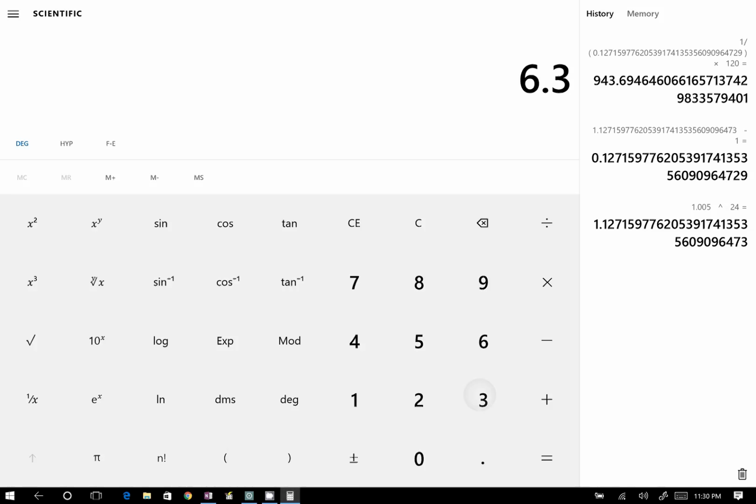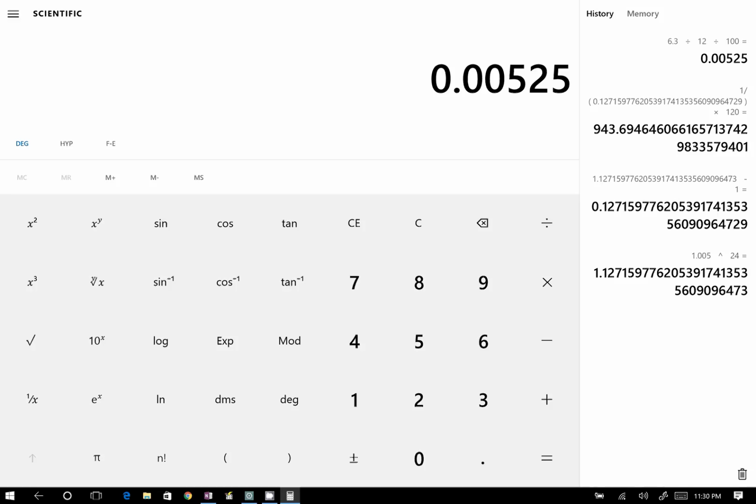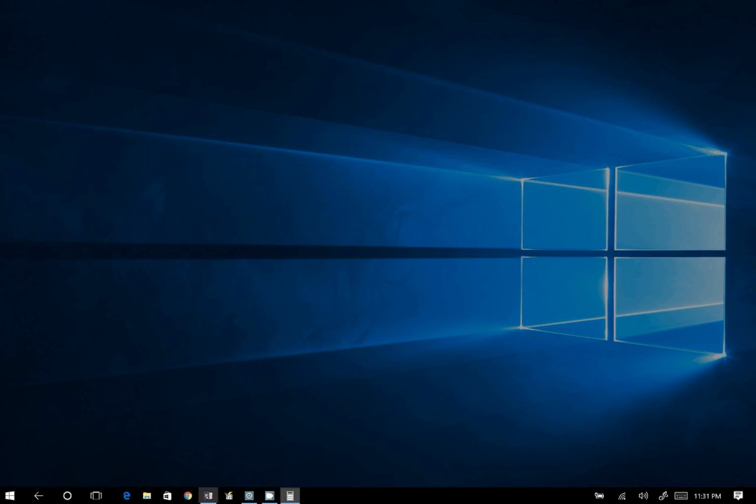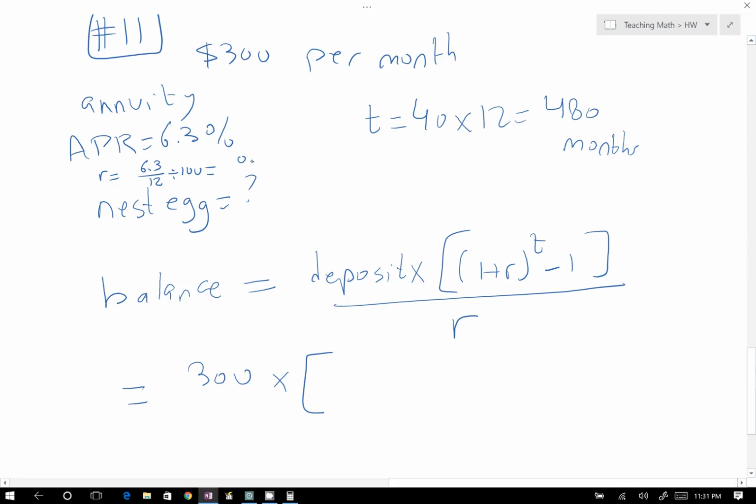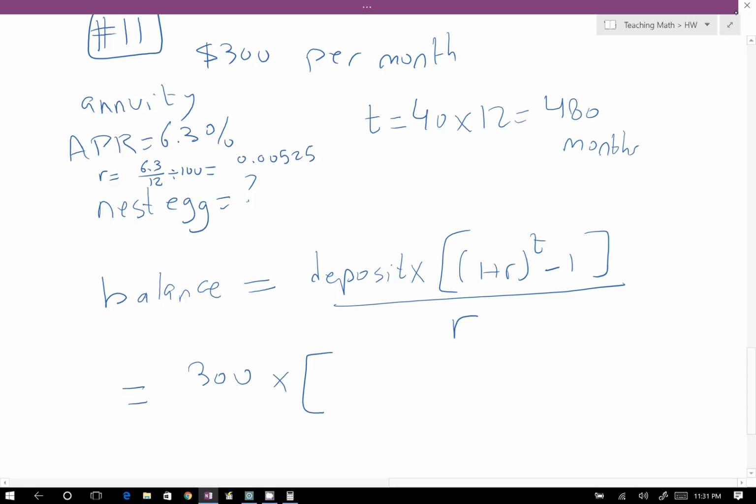Six point three divided by 12 divided by 100. 0.00525. Come on. Oh, I don't know what happened.